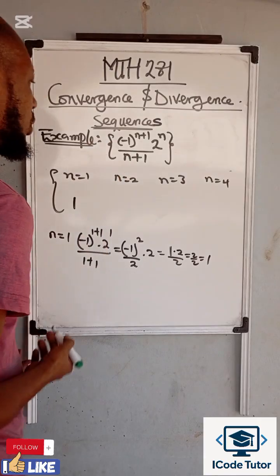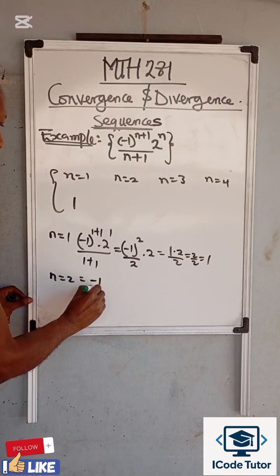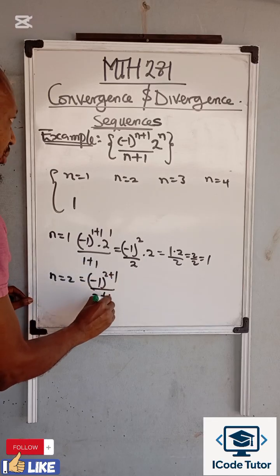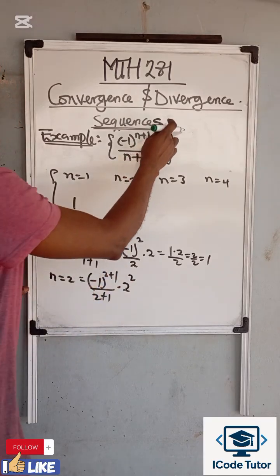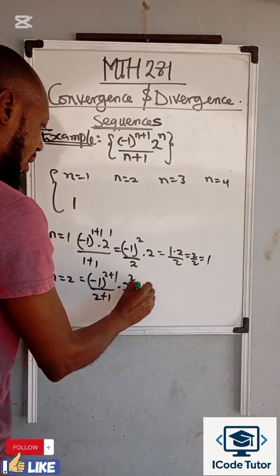Now let's look at when n equals 2. This will be minus 1 raised to power 2 plus 1, divided by 2 plus 1, because we have n plus 1, multiplied by 2 raised to power n, that is 2 raised to power 2. Now this equals minus 1 raised to power 3.